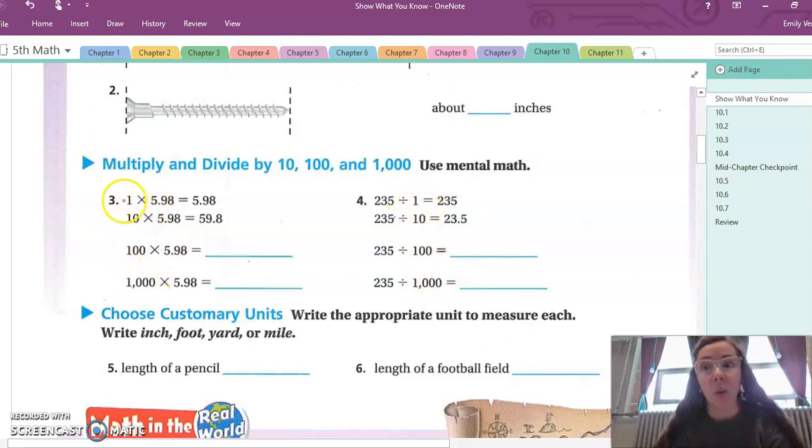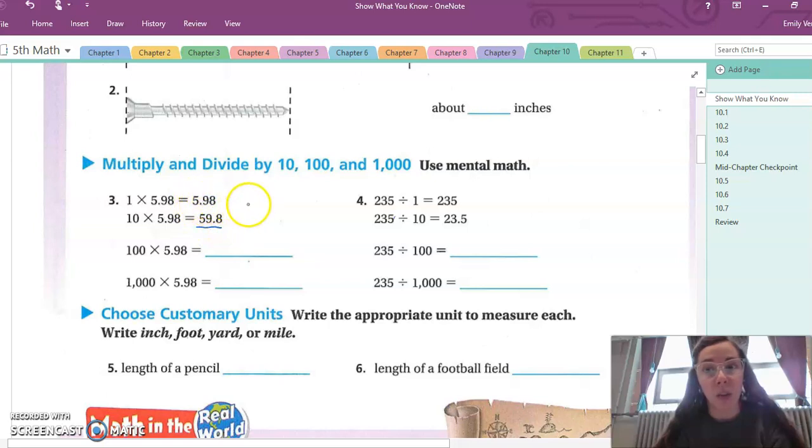Okay? So on number 3, this one goes 1 times 5.98, which is the same. 1 times anything is always itself. Then we do 10 times the same number, 5.98, and look what happened to our number. It changed to 59.8.